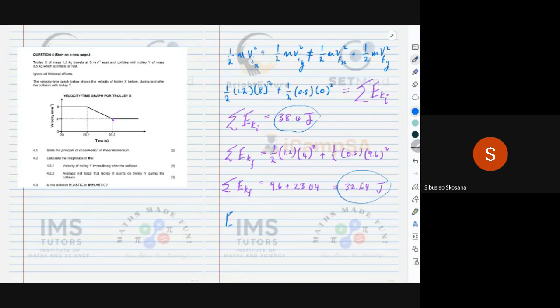So the sum of KEi is not equal to the sum of KEf, right? Therefore, the collision is inelastic.